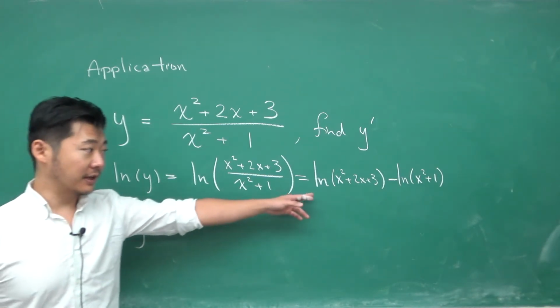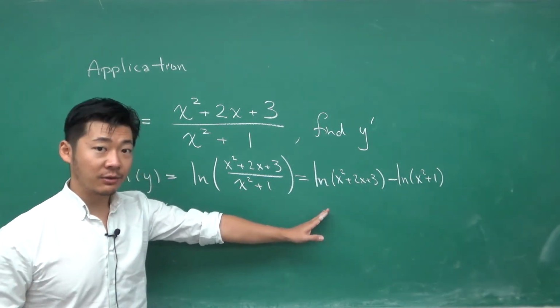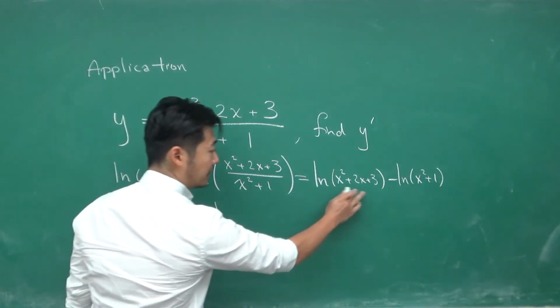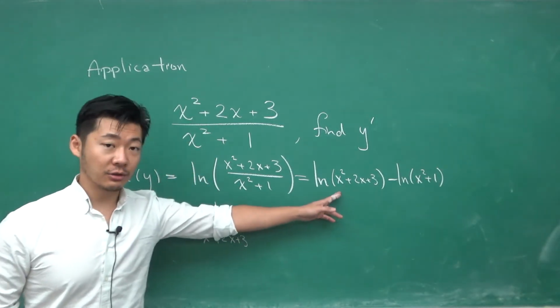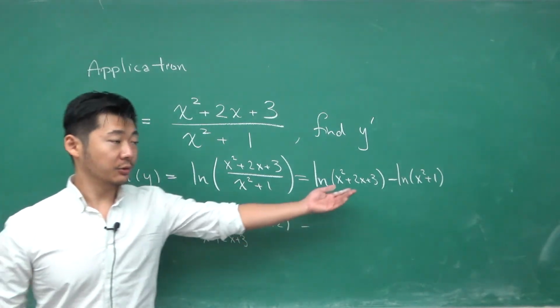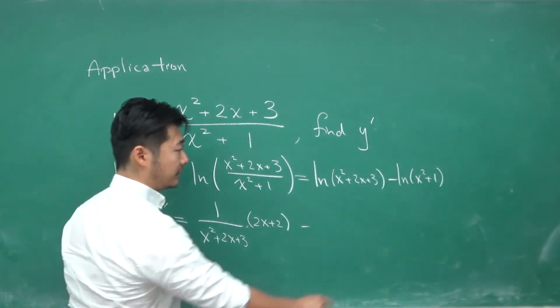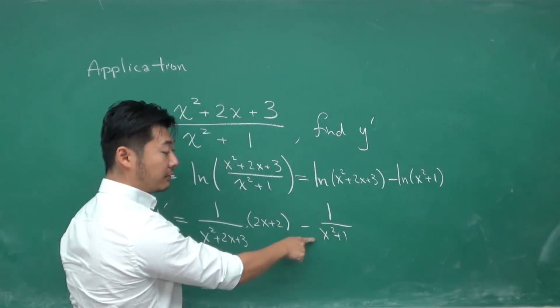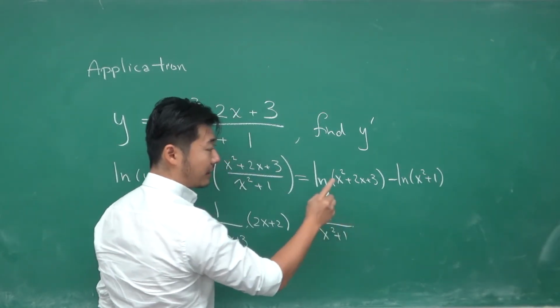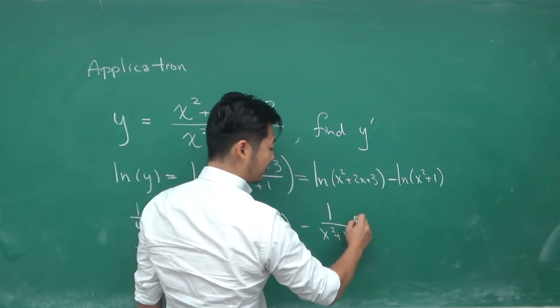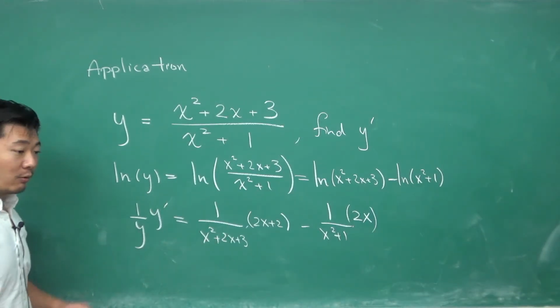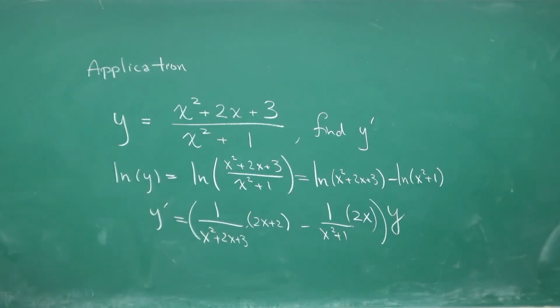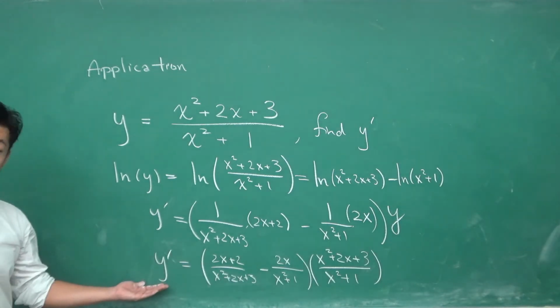The derivative of natural log of all of this, we use chain rule, so it will be 1 over the inside function times the derivative of the inside function. And we'll do it once more. The derivative of natural log of x squared plus 1 is 1 over x squared plus 1 multiplied by the derivative of the inside function. And now we multiply by y on both sides. And so the derivative will be this expression.